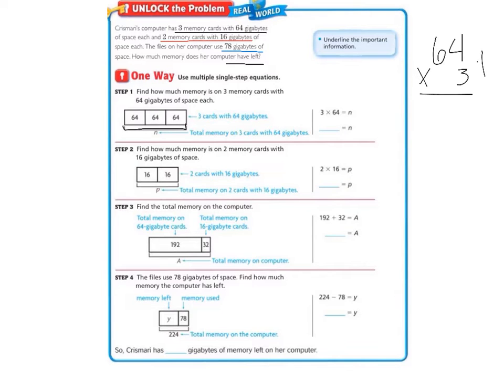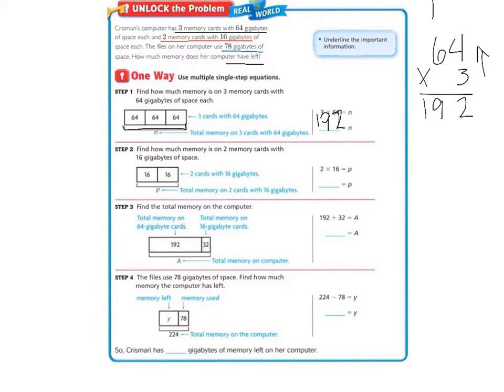Go straight up first. 3 times 4 is 12. We regroup, so the 1 goes over here and the 2 goes underneath. Then go diagonal. 3 times 6 is 18 plus 1 is 19. So I get 192. My first step shows me she has 192 gigabytes.